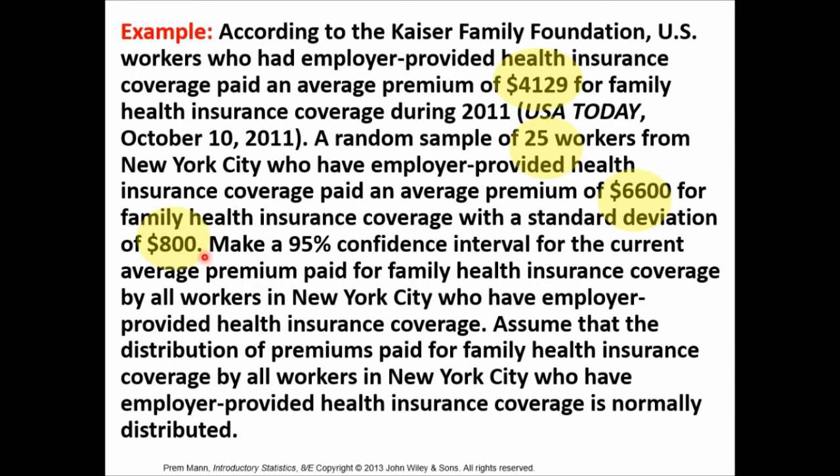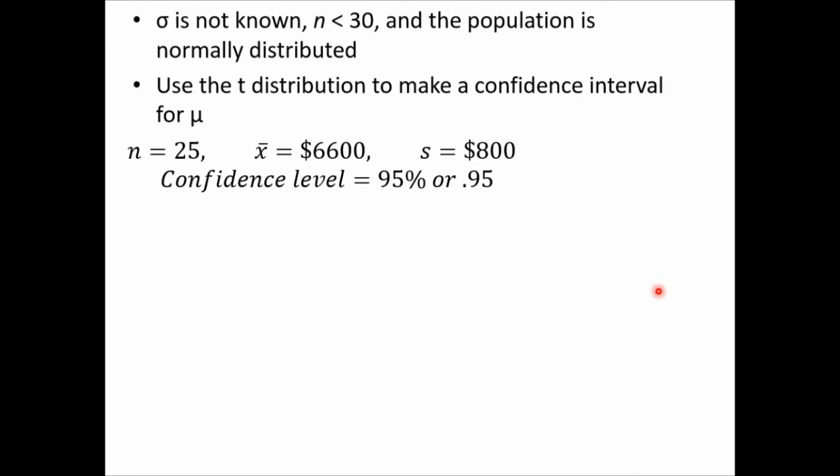We also need to note that we need a 95% confidence, and even more importantly, that we are willing to assume that the distribution of coverage is a normal distribution. So these are the givens. Sample size 25, average 6,600, and the standard deviation of the sample is 800.